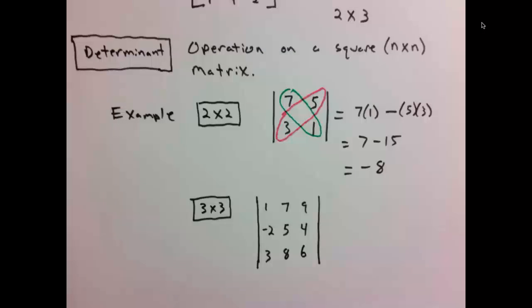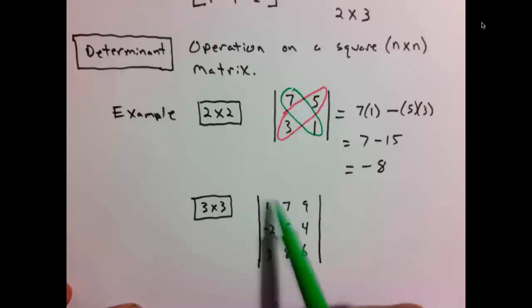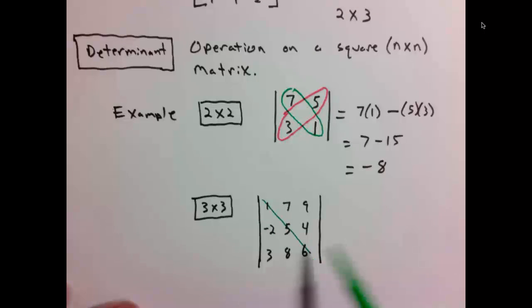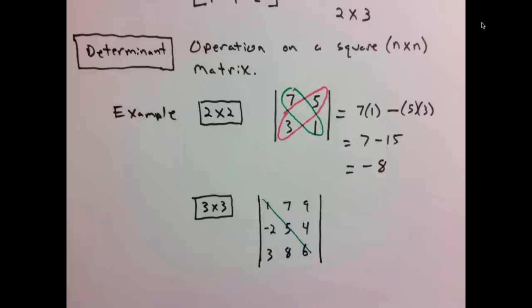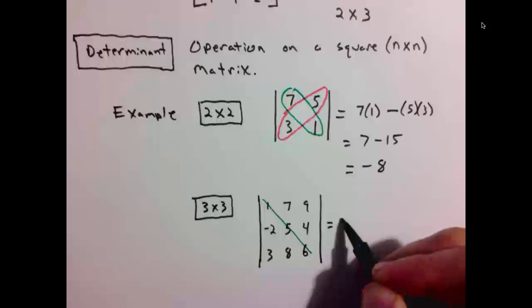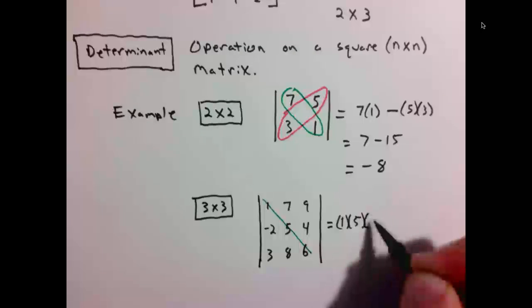Again, it's going to be some diagonals, and this is going to look perhaps slightly convoluted, but it's not too bad. We're going to multiply this first diagonal together, 1, 5, and 6, equals 1 times 5 times 6.